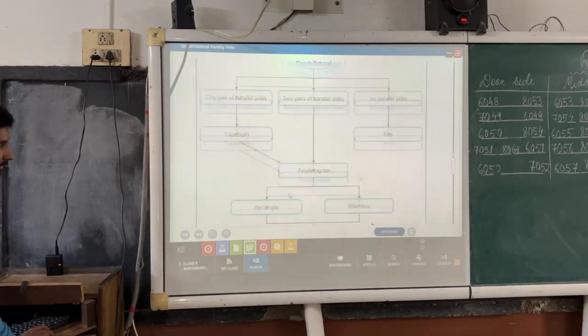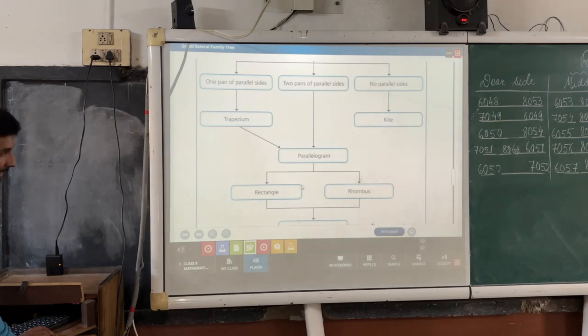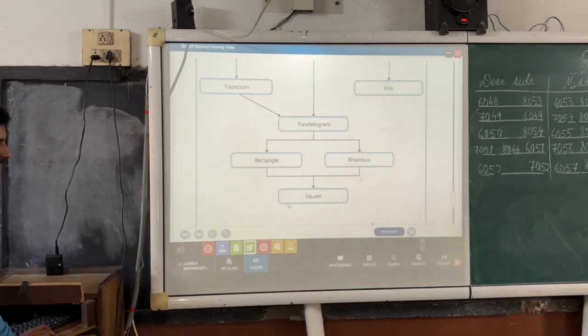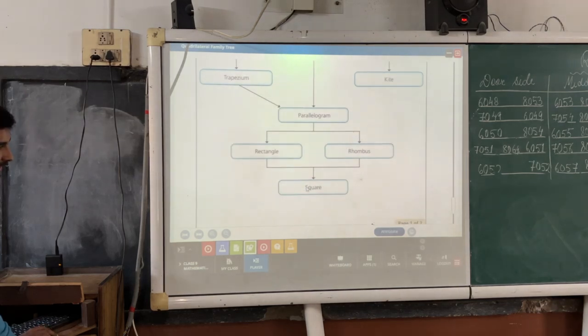Suppose I move from parallelogram to rectangle, that means I am moving down the chart, then I will use the word always. If I am moving across the chart, suppose from trapezium to kite, then I will use the word never. And if I am moving up the chart, suppose from square to rectangle or from square to parallelogram, then I will use the word sometimes.